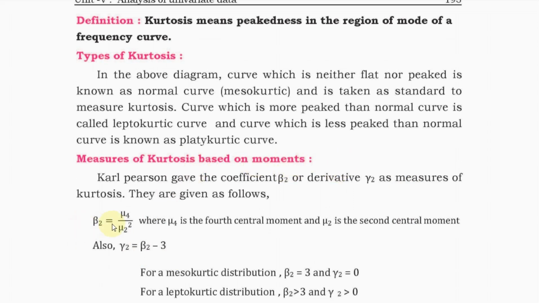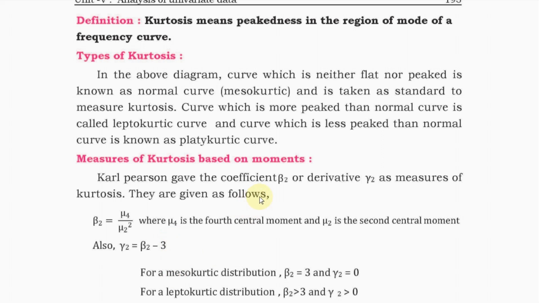Now, the measures of kurtosis based on moments. Here we are going to measure the kurtosis depending upon the moments. Karl Pearson gave the coefficient beta 2, or its derivative, as the measures of kurtosis. We have derived four measures: mu1, mu2, mu3 and mu4. Mu1 is 0, with respect to the mean.